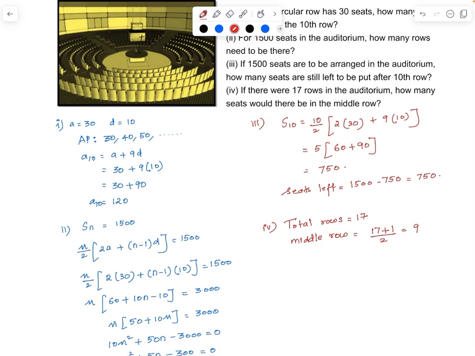So 9 is the middle row. A9 is equal to A plus 8D. 30 plus 8 times 10, which is 110, which means the middle row has 110 seats if the total number of rows are 17.